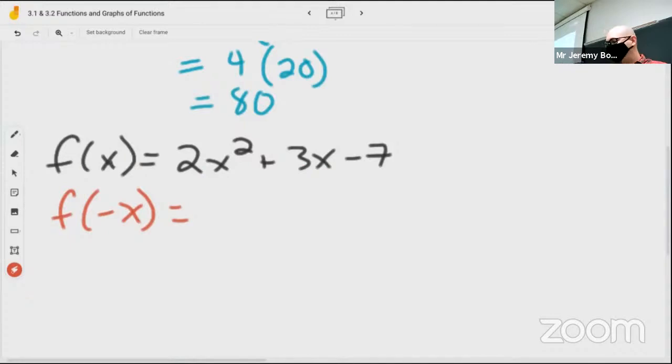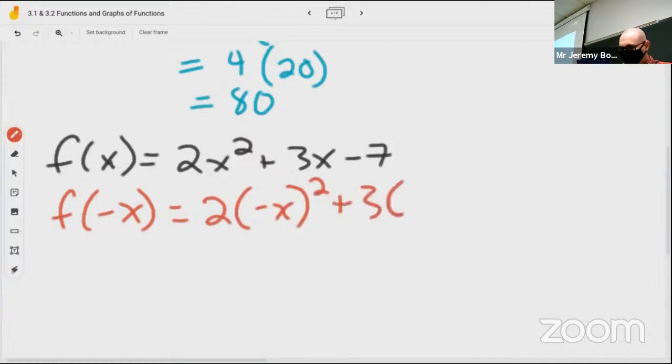So we're going to have 2 times negative x squared plus 3 times negative x minus 7. Whatever you put in those parentheses, that's what goes in. And so we could evaluate it some.